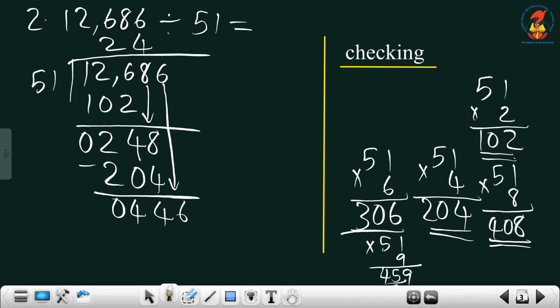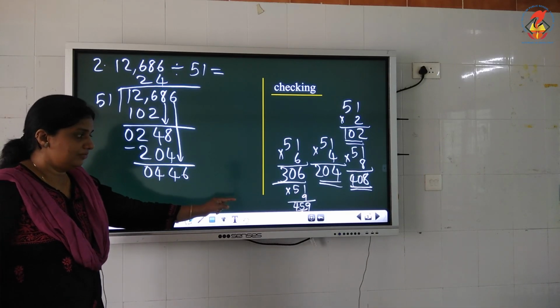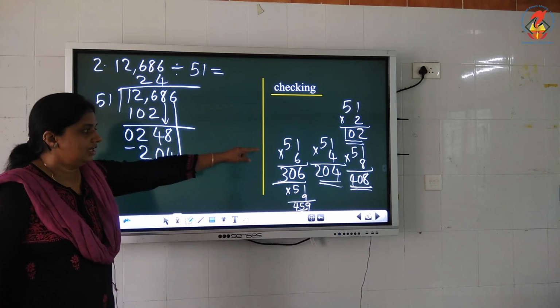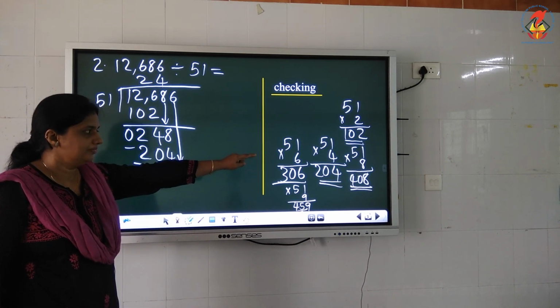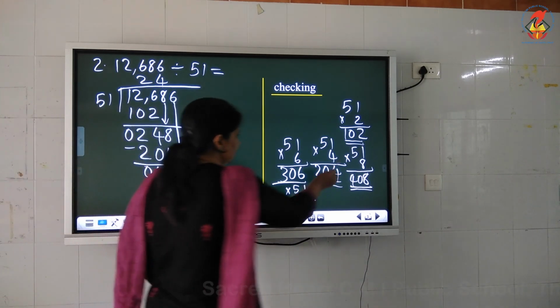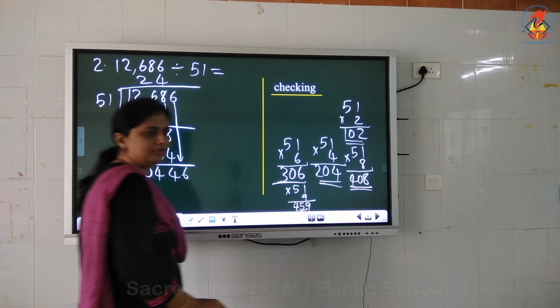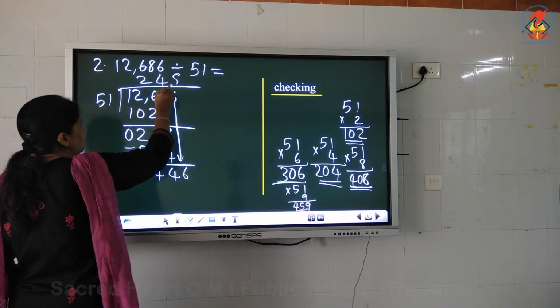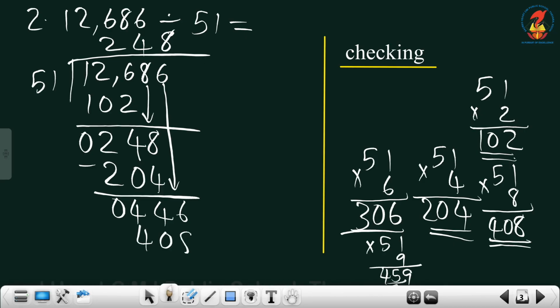Which number I want to take? 51 nines are 459. Then I need to take what only here? 51 into 8. 51 eights are 408.